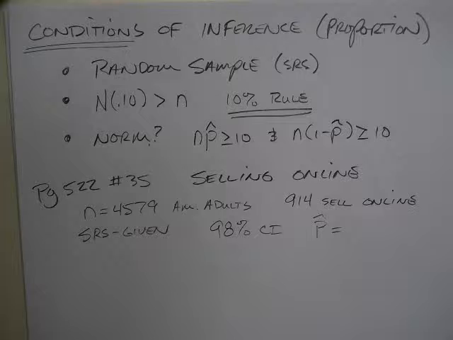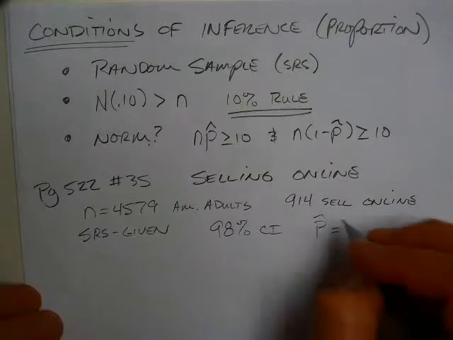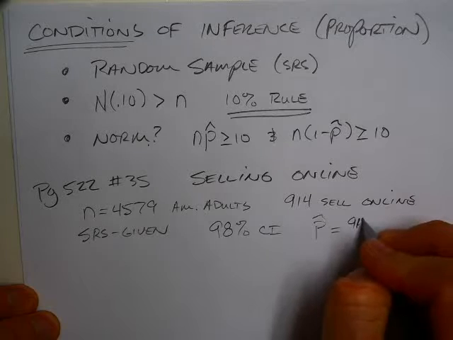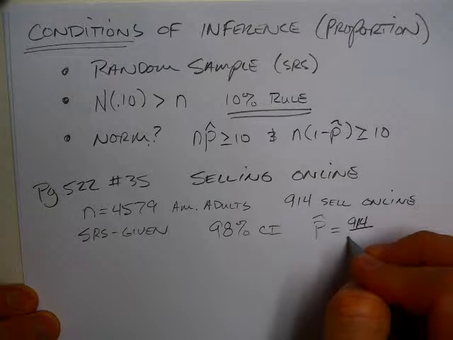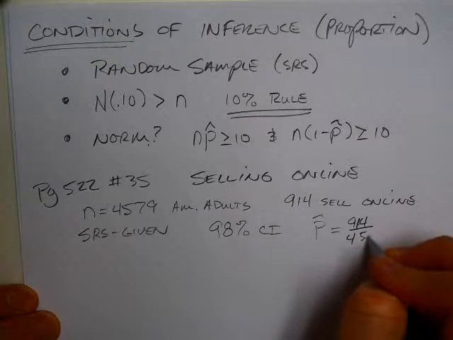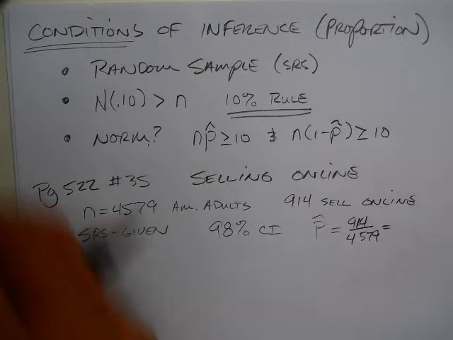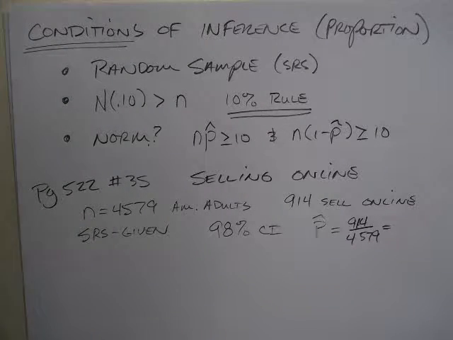This is all the data I'm given. That's correct. The 914 that sell online compared to the total. And I don't know what that works out to. I'll worry about that later.